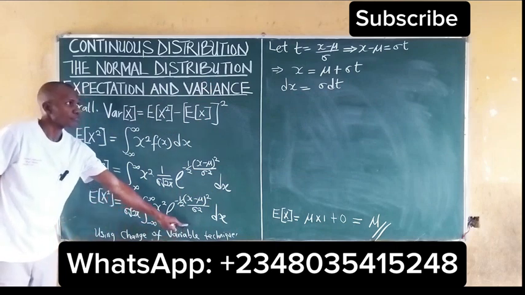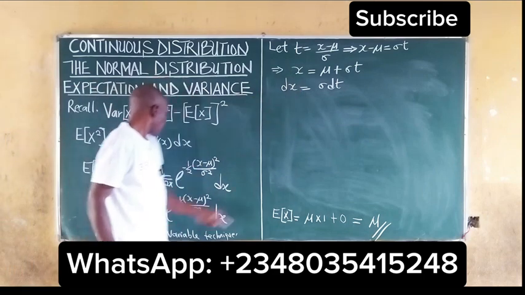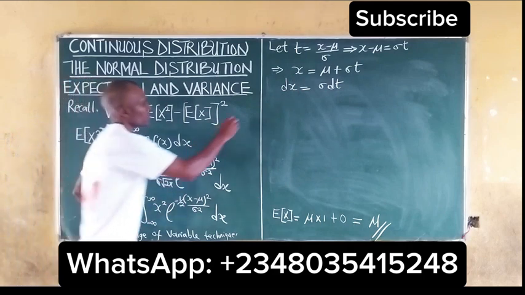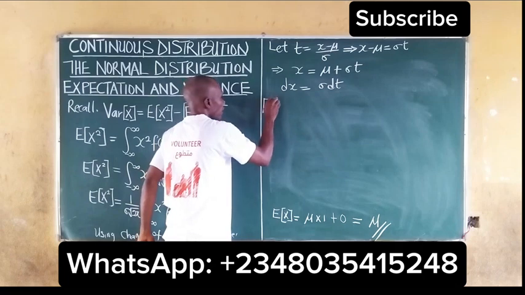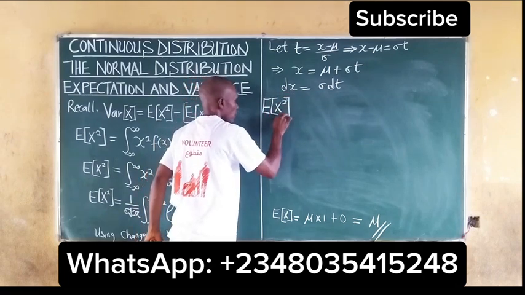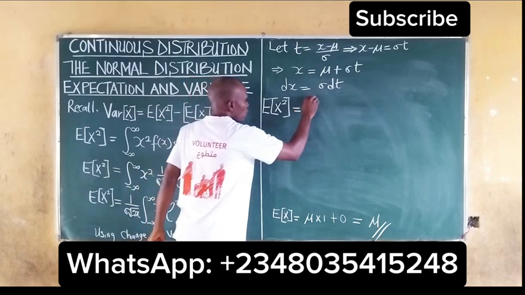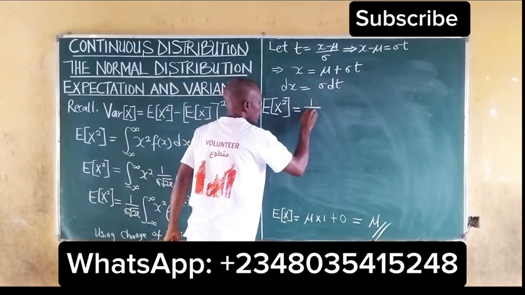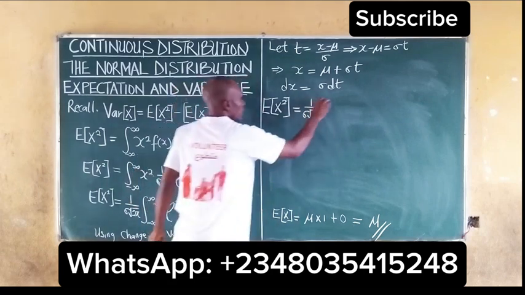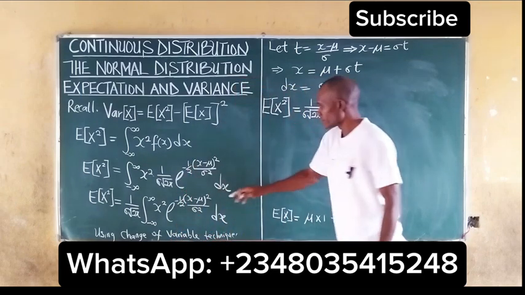The next thing to do is to apply the whole of this to the expected value of x squared. If we do that, we'll get the expected value of x squared to be equal to 1 all over sigma square root of 2 pi, the integral from negative infinity to infinity.